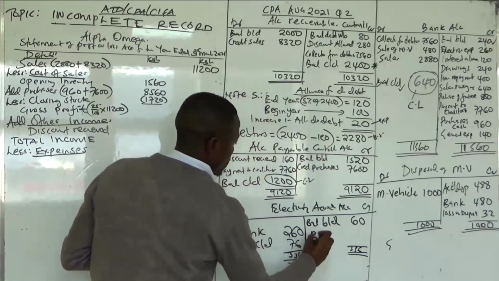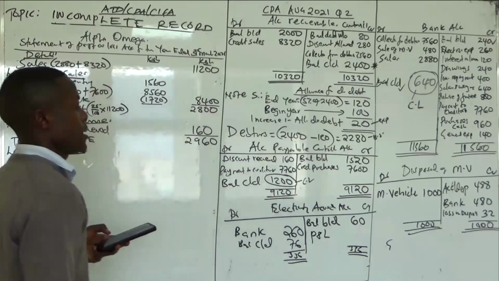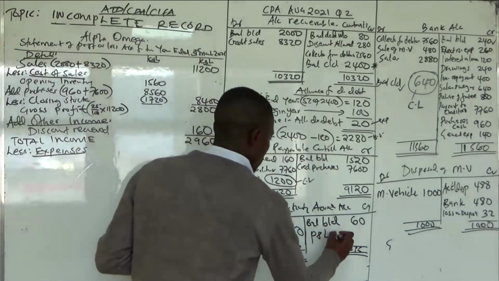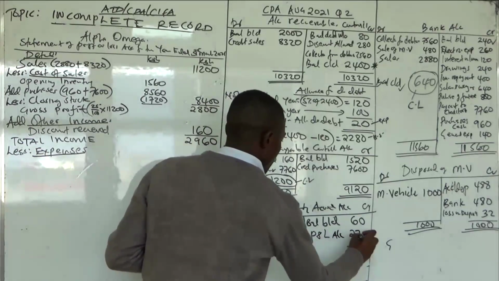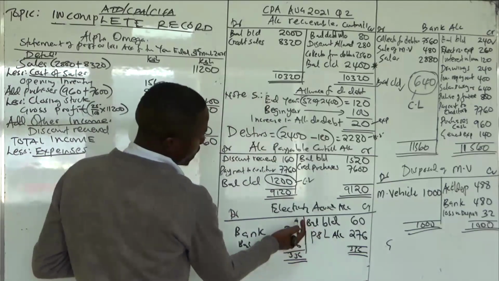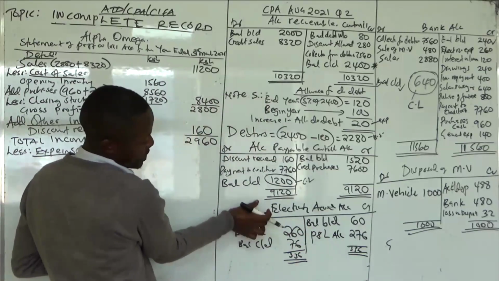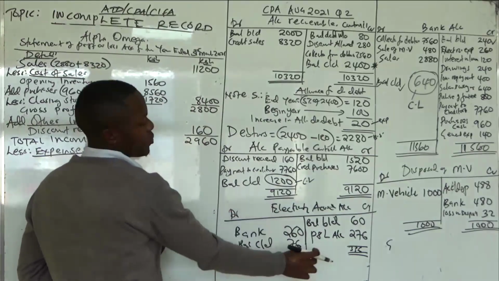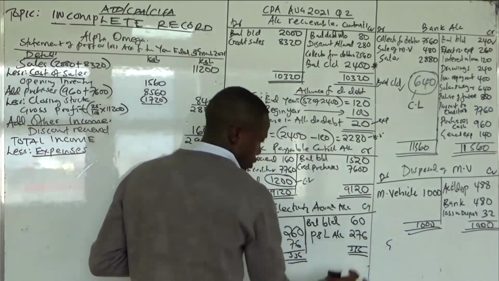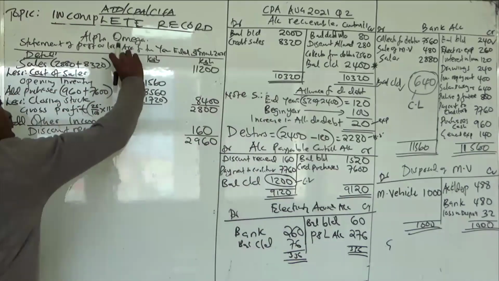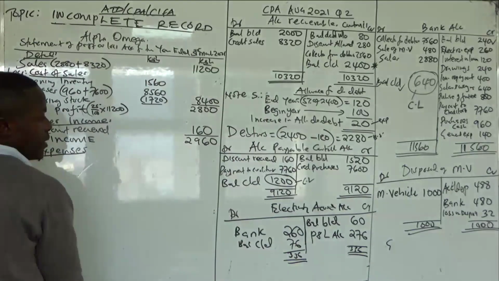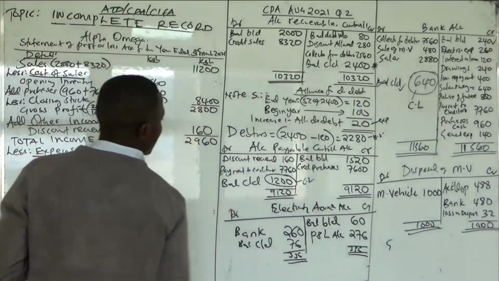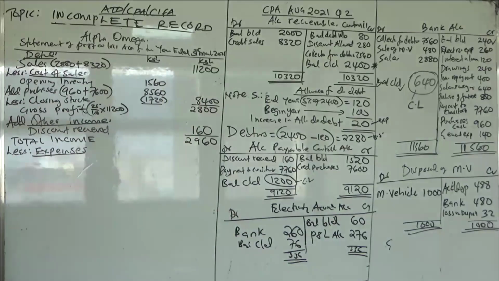P&L. The P&L account is? 276. So because we credited electricity accrued, but we debited the P&L account. So when you go back to the P&L account, we debit P&L, but we credit electricity accrued. So that is what you do.